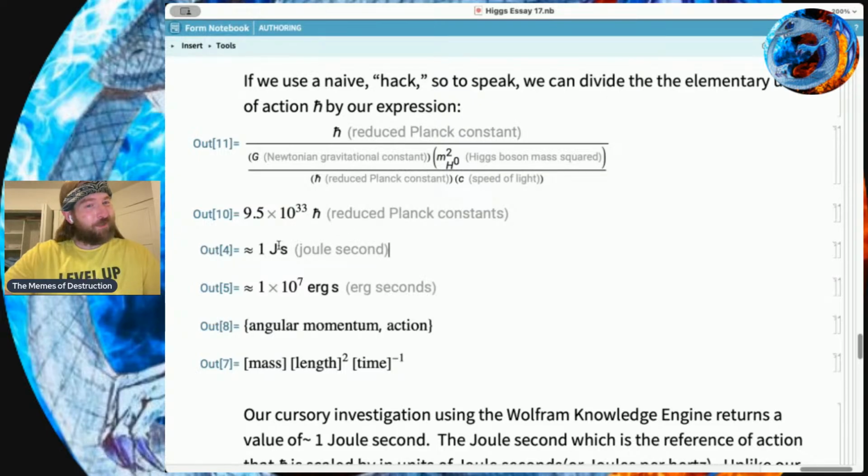So the Higgs boson's root mass is basically tuned to about 1 joule second, because that would be tuned by the square root of that. When you square that, this is all going to cancel out.